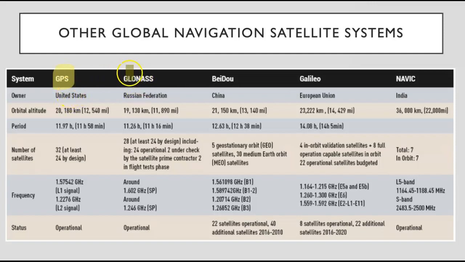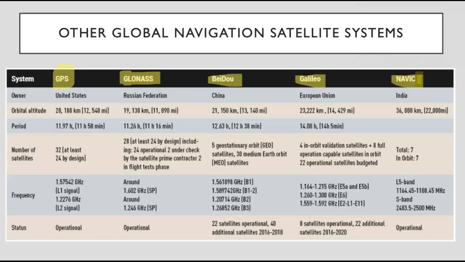Then we have the Russian system called GLONASS, which is also a fairly old system. It's been around for a while, but not as long as the U.S. system. The Beidou system in China, the Galileo system in Europe, and the NAVIC system in India.